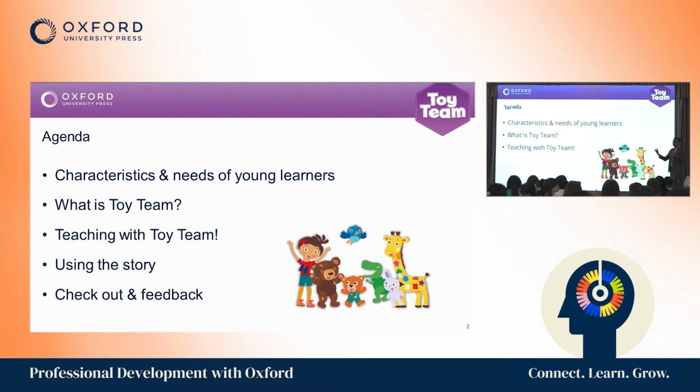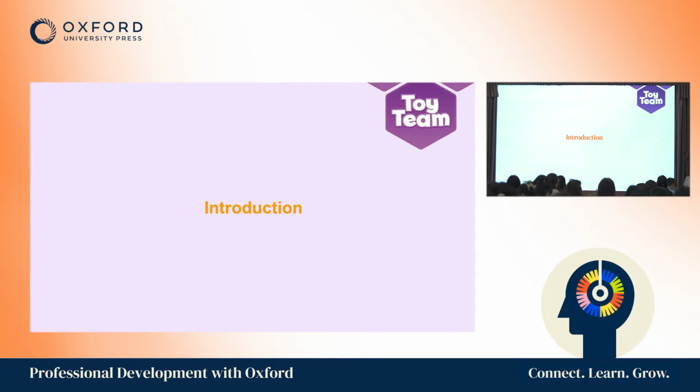I've taken some examples from the book and just some ideas of how I would run some enjoyable activities in class with very young learners. Then we'll look briefly at using the story, different techniques for using the story in class. I hope you'll love using the story, it's one of my favorite things. And finally, check out a bit of feedback, and a chance to reflect on what we've learned. That's all the boring stuff.